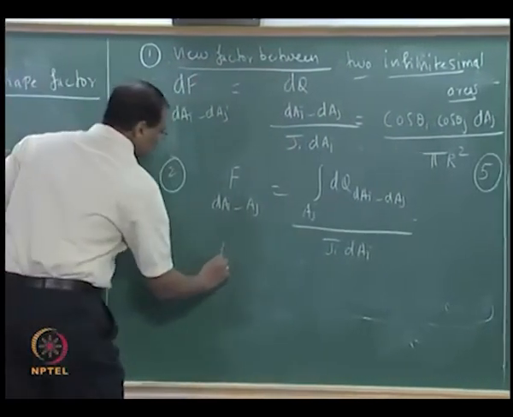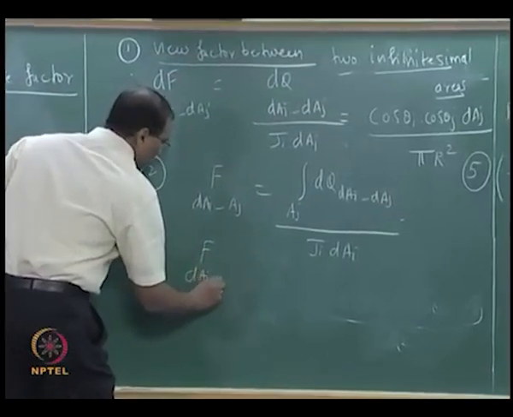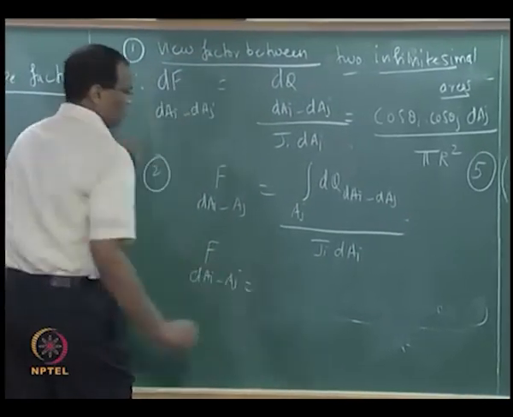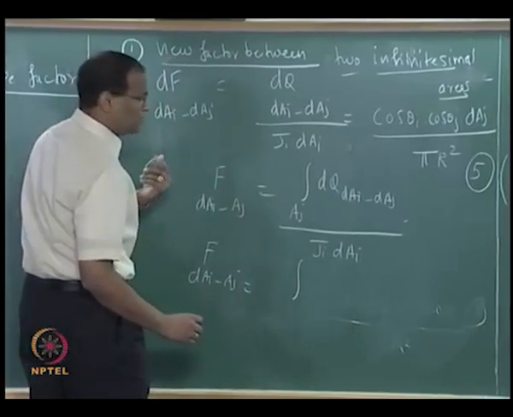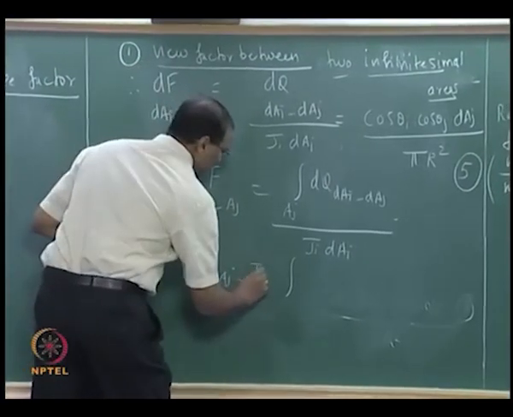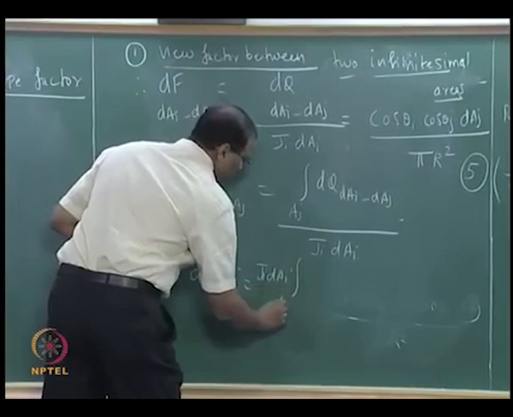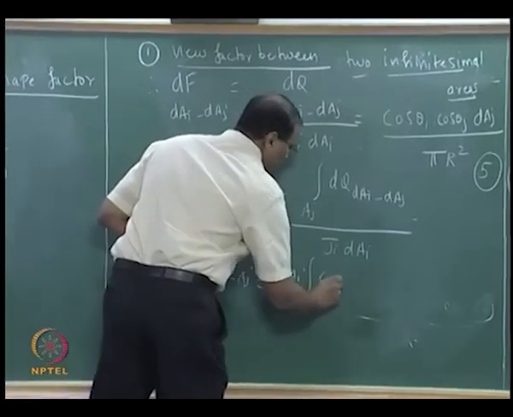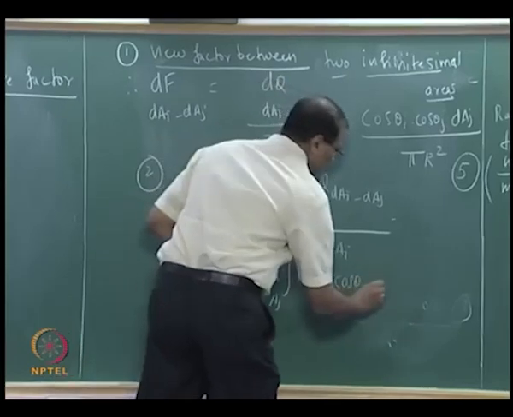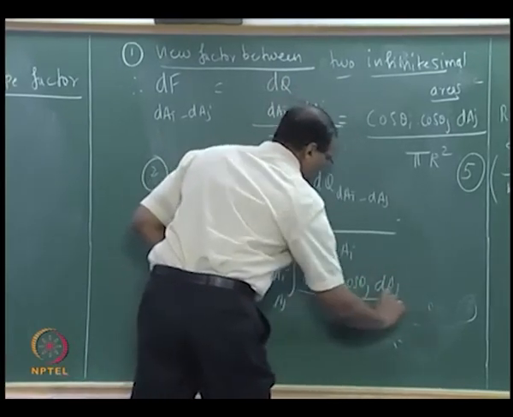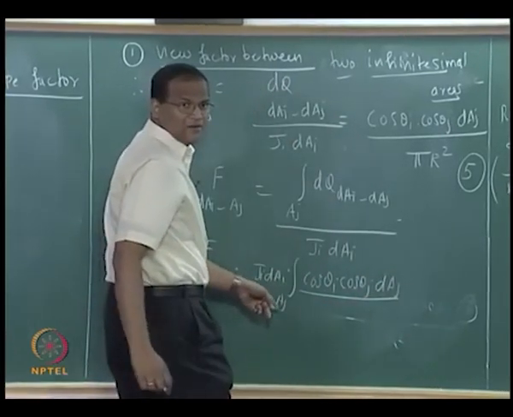Now the dAi can be pulled out, okay. Ji dAj, r will be a function of this, right.